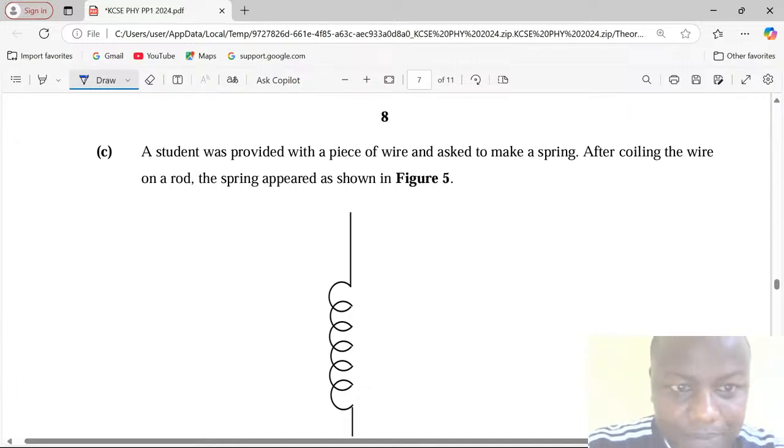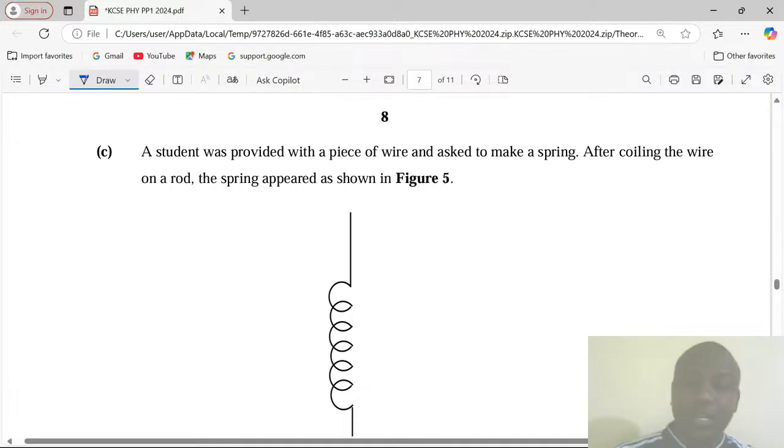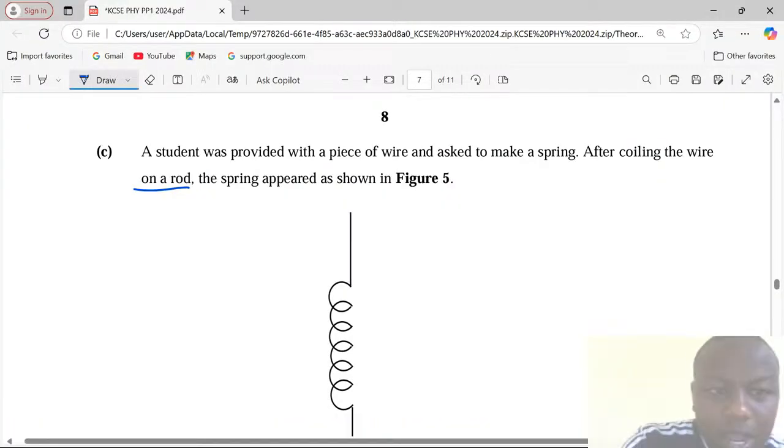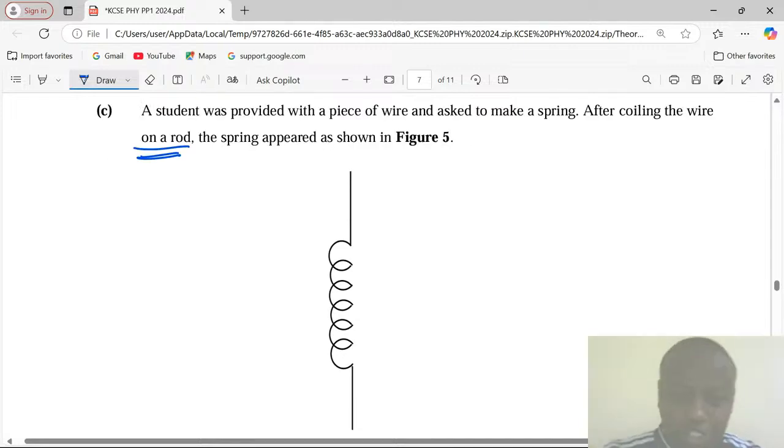Look at part C. A student was provided with a piece of wire and asked to make a spring. After coiling the wire on a rod, look at this. The spring appeared as shown below.